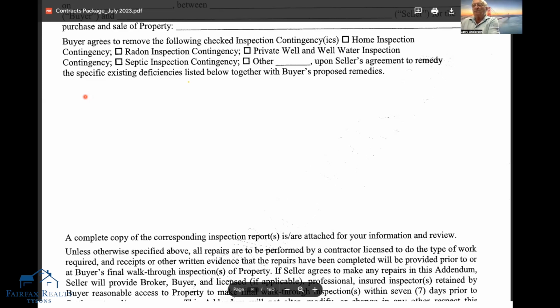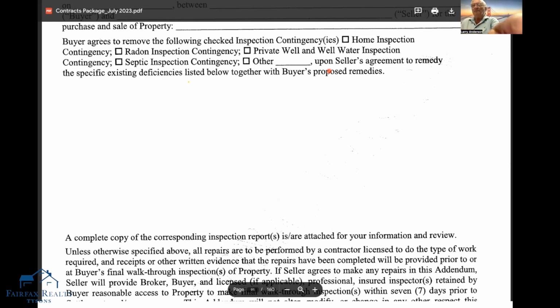And the lawyer just simply turned to the agent and said, hey, did I see the report? Yes. What did they ask me to do? See the report. They did not list a single deficiency, nor did they list the proposed remedy. So who do you think ended up paying for all those? Of course, the buyer's agent.